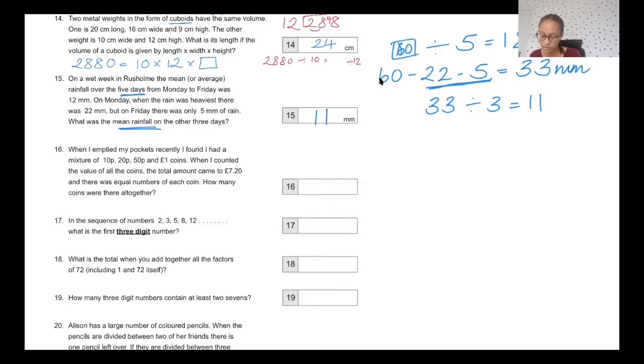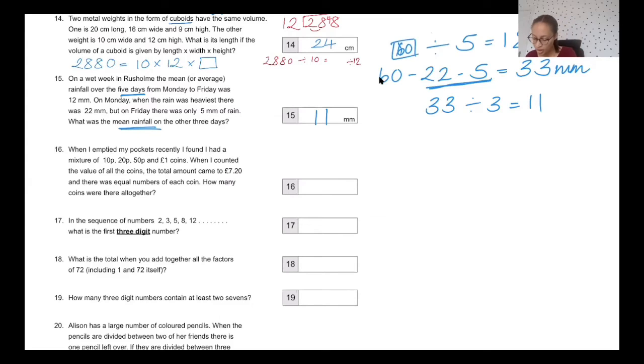On average, they've got 12 millimetres of rain. So the rain on Monday was nearly double the average amount of rainfall. So they had a lot of rain on Monday, more than you would expect. So Monday, the rainfall was above average, significantly above. And on Friday, it was below average. It was less than half of the average, so half of what they might expect on a normal day.